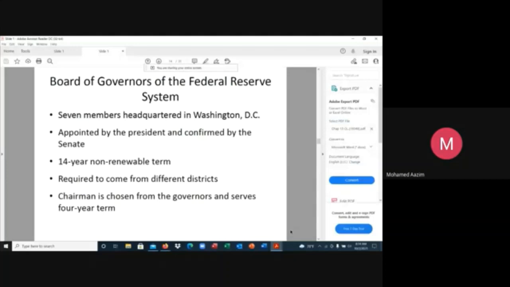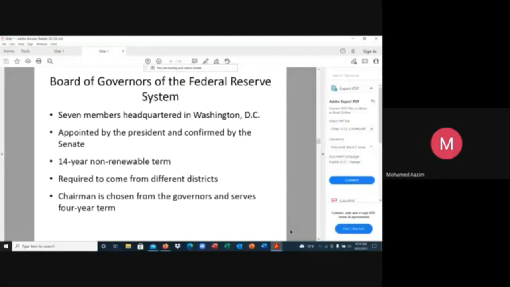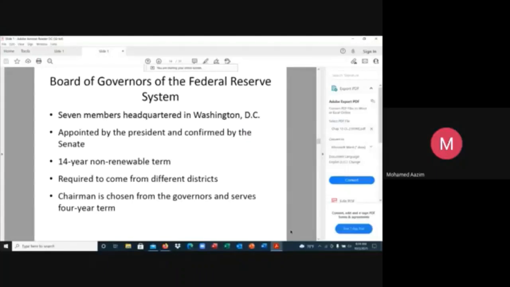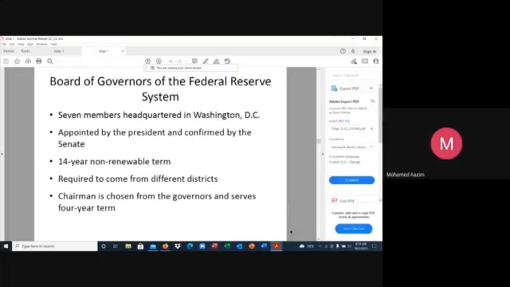And in the case of Sri Lanka, the term is 6 years. It's renewable, not like the US 14-year non-renewable term. Here it is 6-year terms. Once appointed, you have 6 years. Or if you've been appointed to fill a vacancy left by somebody resigning prior to completion of 6 years, first you have to serve that remaining period and then look at the possibility of reappointment or not.